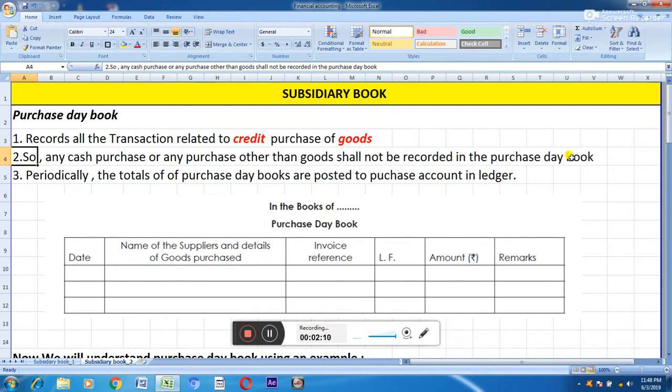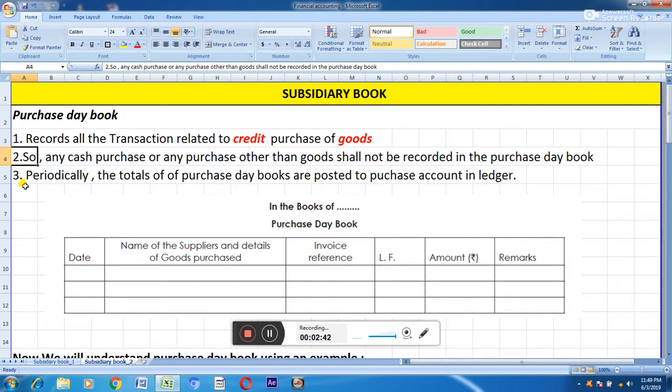What is other than goods? That is the purchase of any asset. I am repeating again: whenever a purchase is a cash purchase, or whenever you are purchasing something which is not resellable goods but an asset, then this transaction will not be posted in the purchase day book.